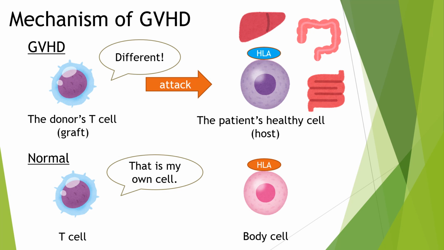HLA is unique to each person. After allogeneic transplant, there are new blood cells from the donor's stem cells, and the new blood cells have the donor's HLA pattern. They recognize the HLA pattern of the patient as different and may begin to attack the patient's cells.